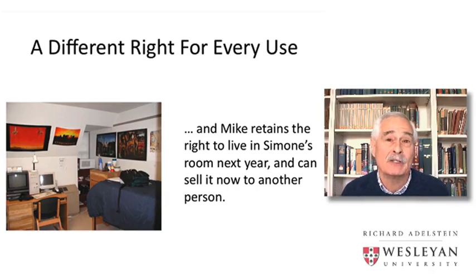At that moment, all the property rights that she had in the room during the academic year 2012 and 13 would disappear, and she would be left with no property rights in the room at all. All of the property rights that she had in the room between 2012 and 2013 now revert back to Mike.